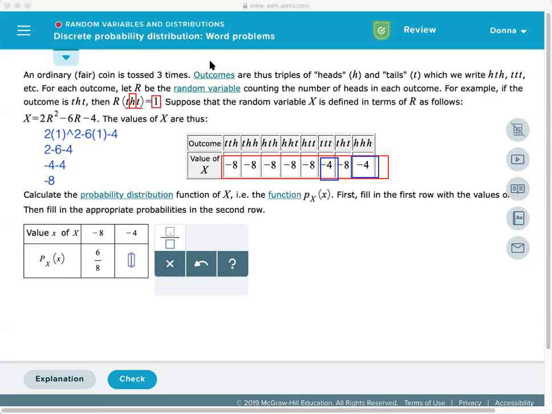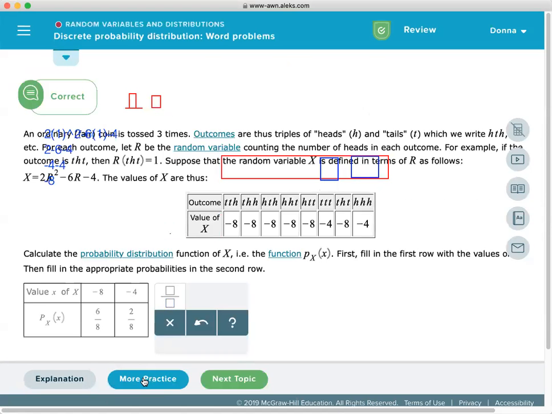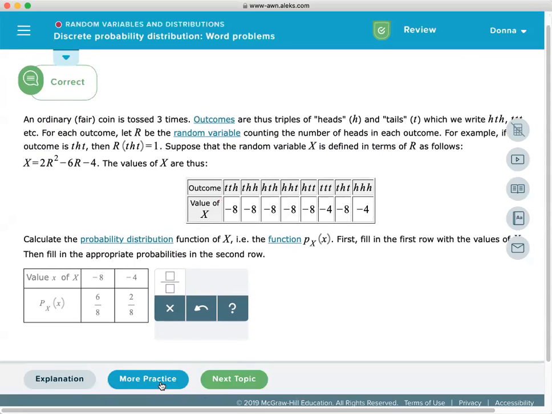So we select 2 out of 8, or we could reduce it. So if we wrote 3/4 and 1/4, or 6/8 and 2/8, Alex will accept the answer. All right, it says your answer is correct. So let's clear all my drawings and do more practice.